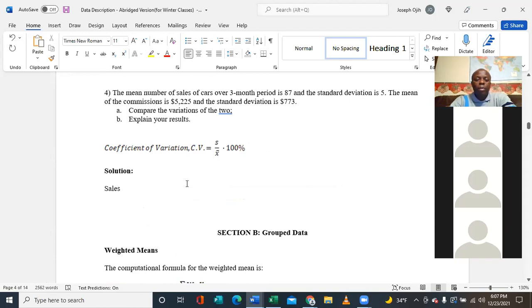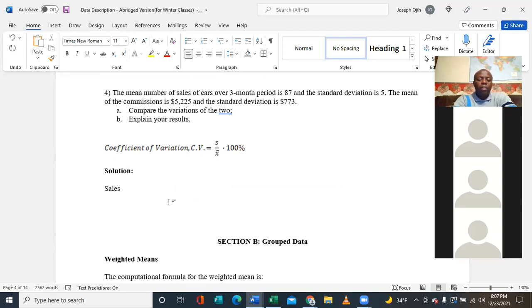So plugging it into this formula, we have our CV, which is coefficient of variation, becomes standard deviation of 5 divided by the mean of 87, then multiply the result by 100.